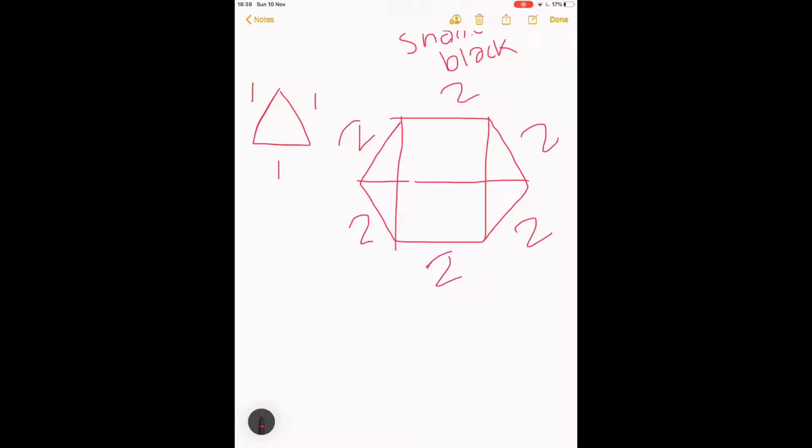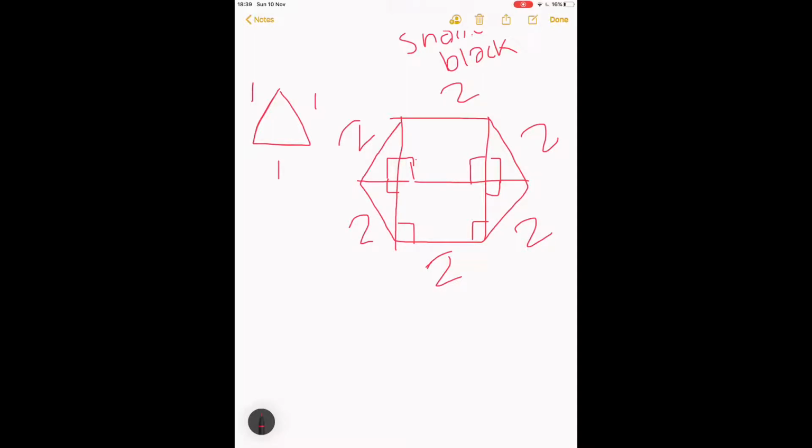We know these are right angle triangles because if this is a square, these angles are 90, and if these angles are 90, then these angles are 90. And we know these are congruent because they have the same hypotenuse and a right angle, and they also share a side. So these are congruent by RHS.